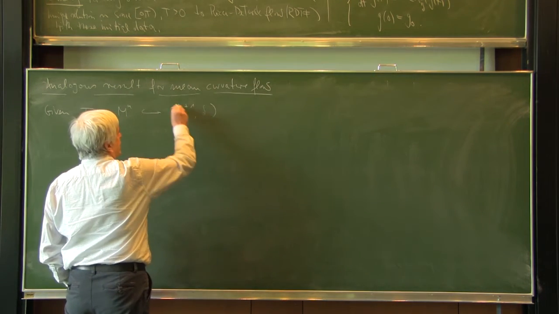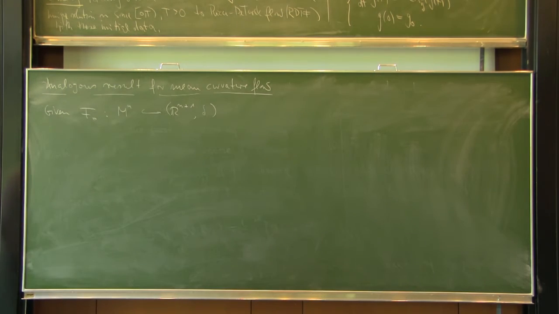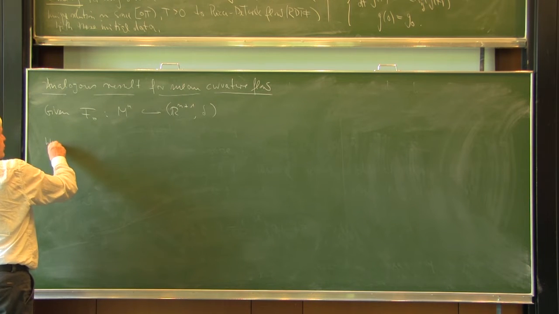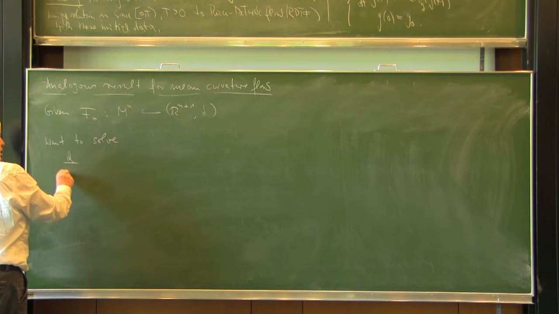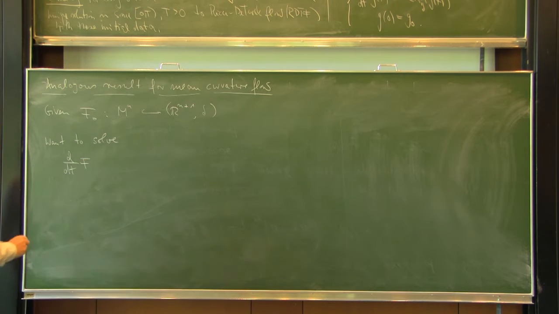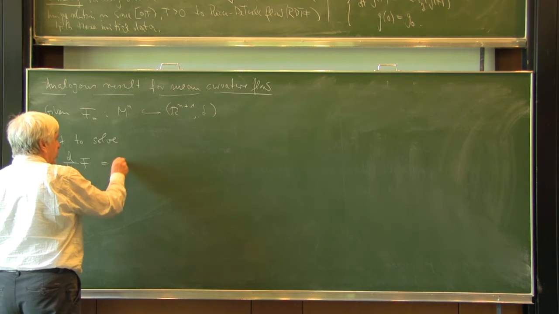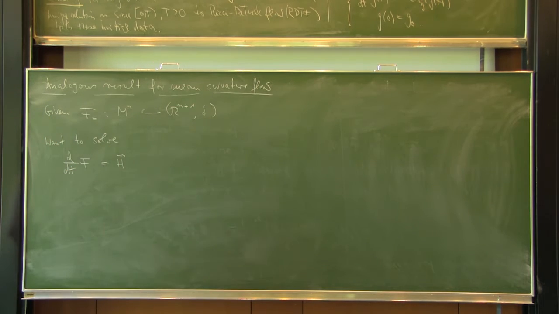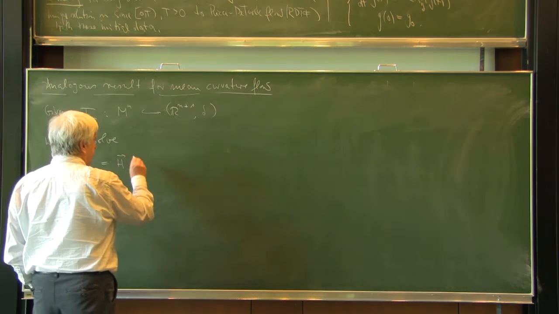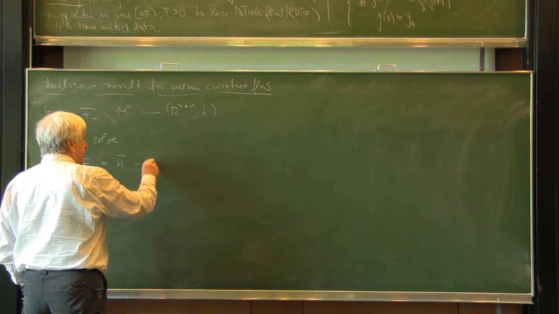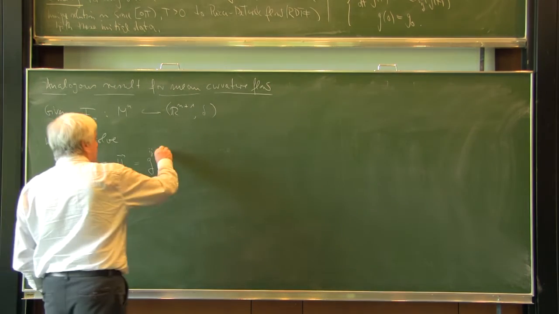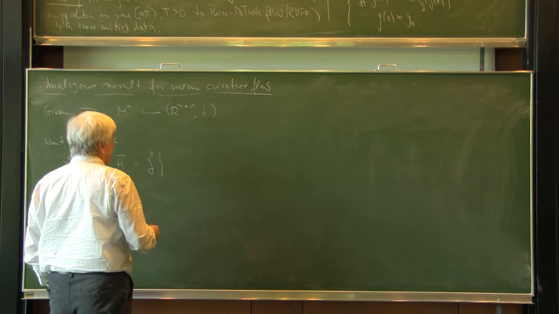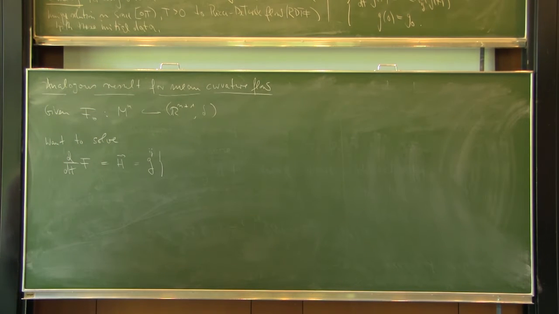So let's just assume we are in Euclidean space with the standard metric and then want to solve d/dt of f is equal to the mean curvature vector, and the mean curvature vector can be computed from the second derivatives by taking the inverse of the induced metric times the covariant Hessian of the position vector f.